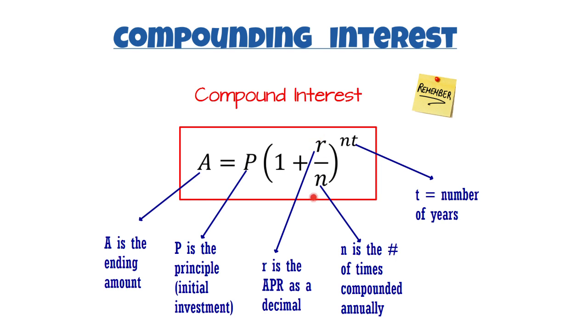So this fraction right here indicates the interest rate for your period of time. N is the number of times it's going to get compounded annually, so you take your interest rate and divide by that. This exponent up here is telling you how many times it's going to get compounded. That means how many times per year times how many years. So if you did it monthly, 12 times a year for 10 years, then this would be 120.